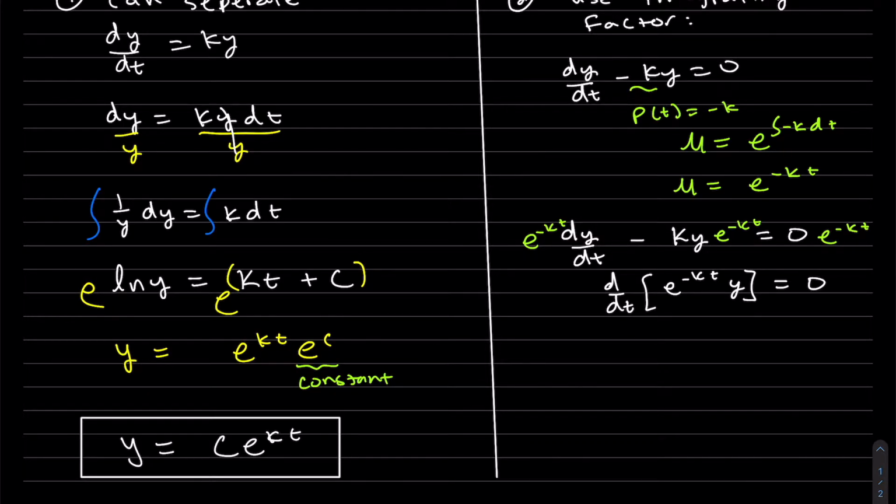Let's not forget to check that. Maybe we'll just check it. So it's this times the derivative of y, and then times y times the derivative of this, which is this, times the chain rule, minus k. Works.